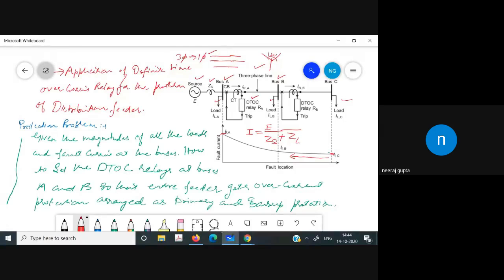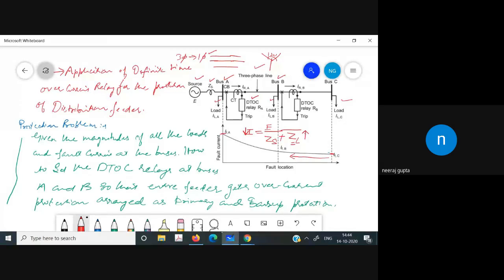At this point the impedance of the line is appreciable, so the current is less.